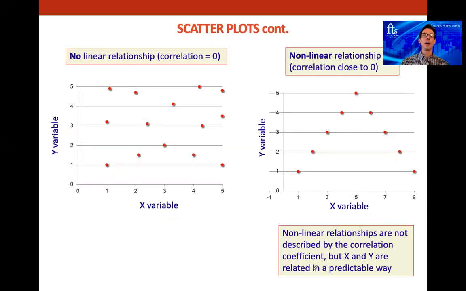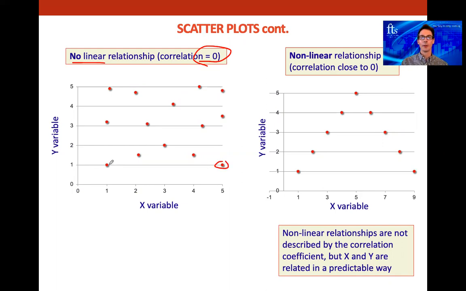Now, what about no linear relationship between the two? If we've got no linear relationship, then the correlation is 0. So for this example, let's look at this dot over here. When x was low, so was y. But in this scenario, x was big, but y was still small.